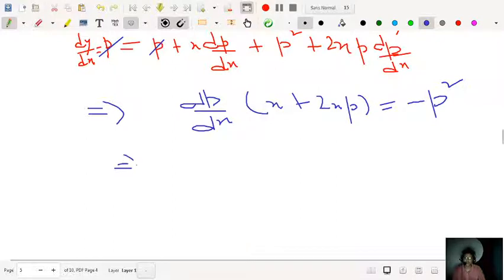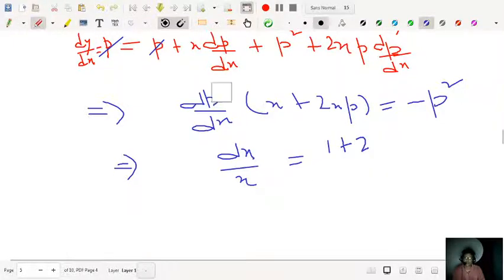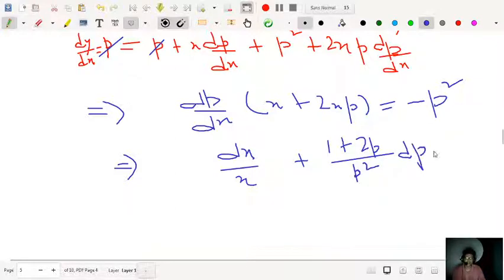And if you simplify further, it can be written as dx/x equal to, sorry, not equal to, it is a minus sign. So if you simplify, it will be dx/x plus (1 plus 2p)/p square into dp equal to 0. Okay, (1 plus 2p)/p square into dp equal to 0.